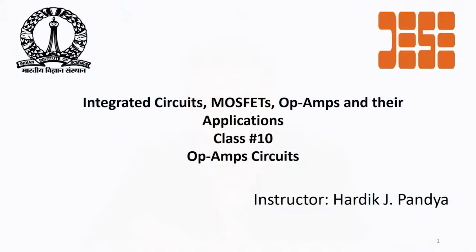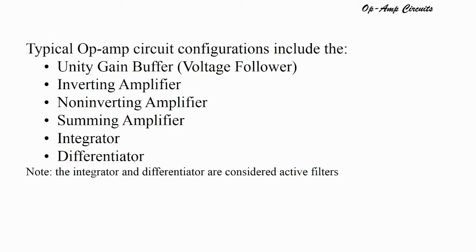This lecture is our class 10, and it is divided into several modules, to help you understand how the op amp circuits can be designed. The operational amplifier circuit configurations include several different applications, starting from the unity gain amplifier or unity gain buffer.